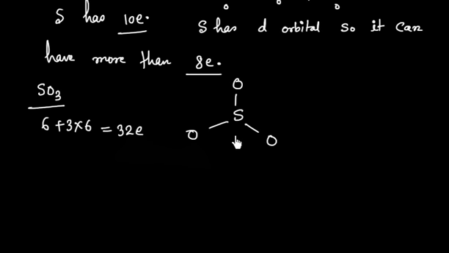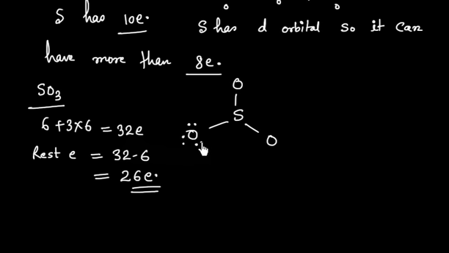We have used only 6 electrons, so the rest is 32 minus 6, that is 26 electrons left. So I have to put 6 electrons on each oxygen, that is 24, and we can put 2 electrons on sulfur.